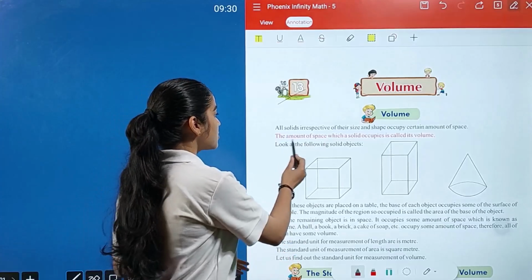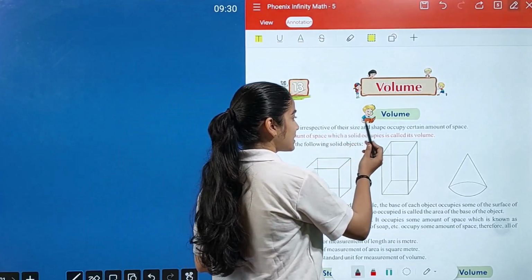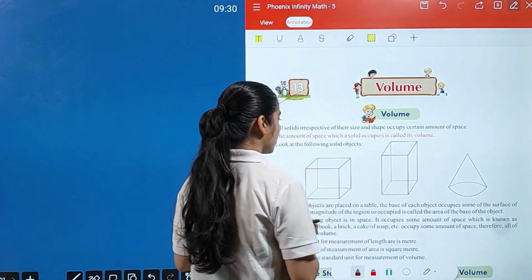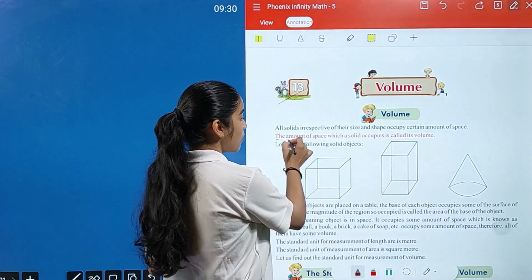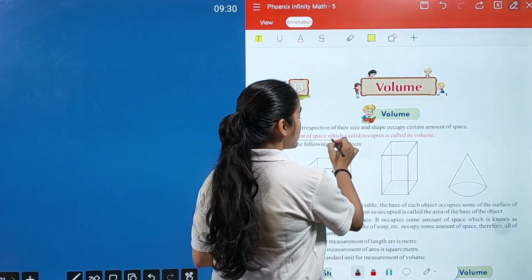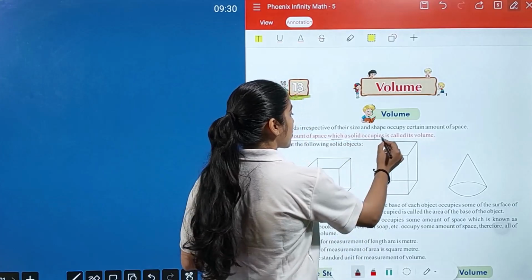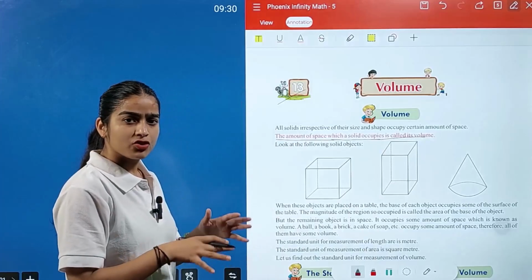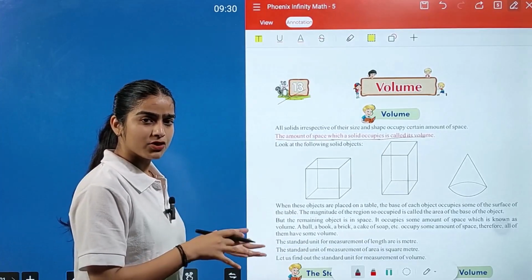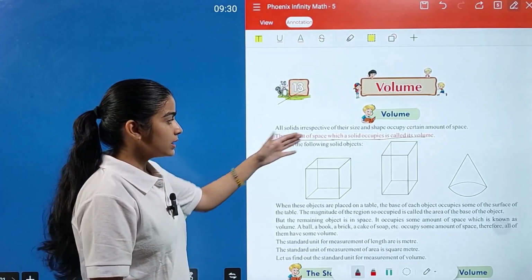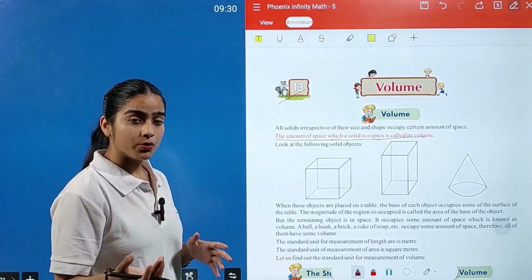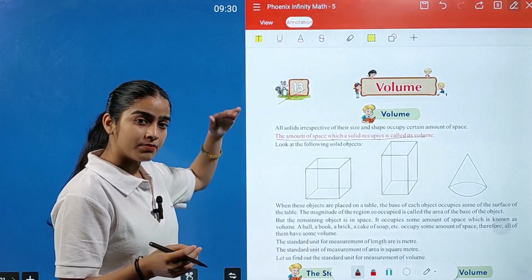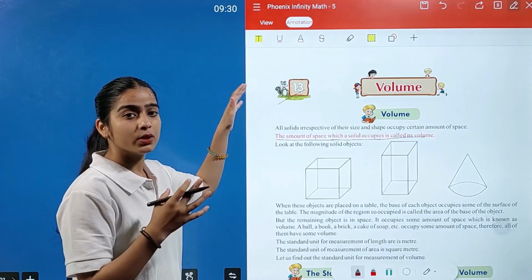Volume means all solids, irrespective of their size and shape, occupy a certain amount of space. The amount of space which a solid occupies is called its volume. In the previous chapter, the regional area we understood is called area, and there we dealt with only 2D shapes.